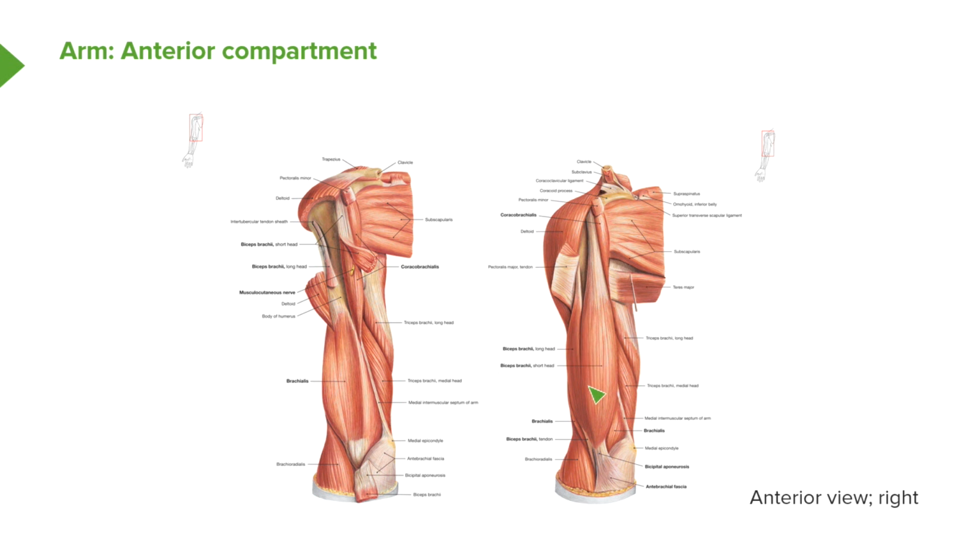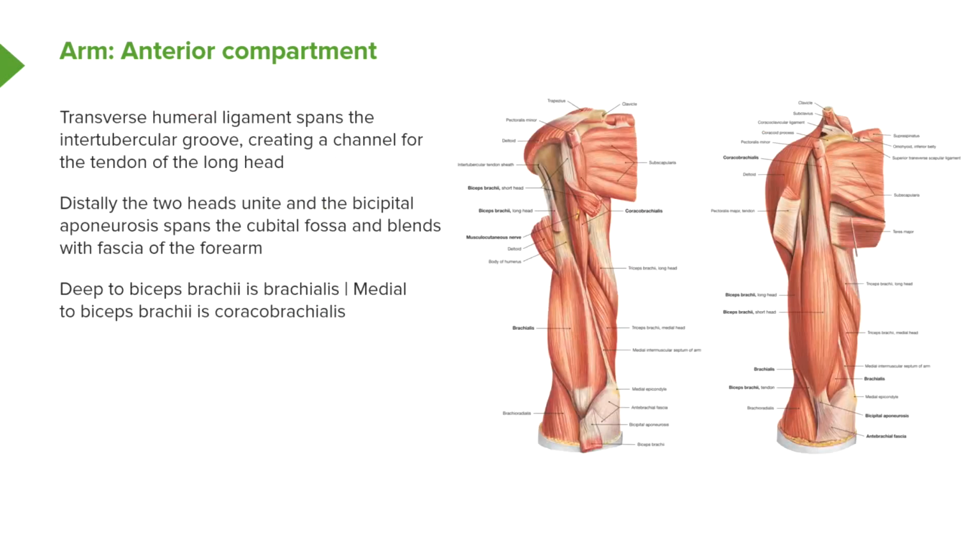It's very difficult to see the brachialis muscle with biceps brachii still in place. We just see a small bit of it here and here. We can see the bicipital aponeurosis passing down onto the antebrachial fascia of the forearm. Running over the intertubercular groove, we have what's known as the transverse humeral ligament, and that runs over the two tubercles on the head of the humerus, and this creates a tunnel for the long head to pass through.